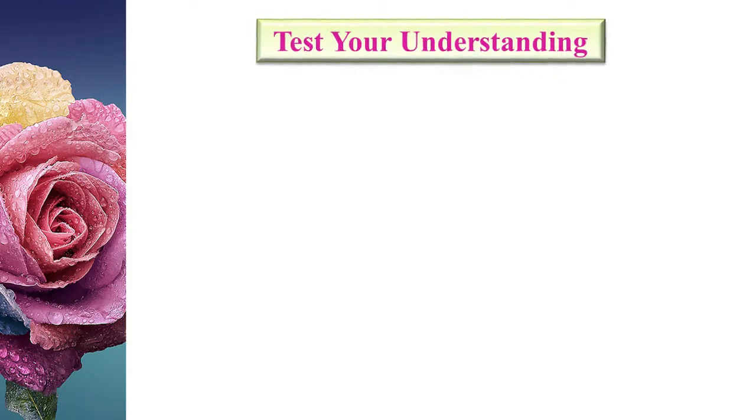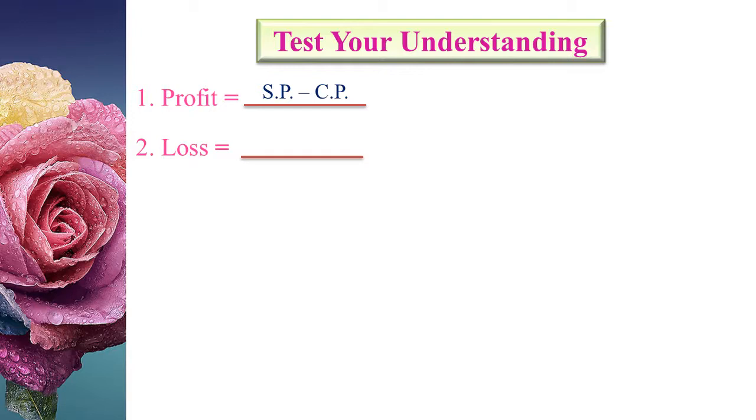Children, it is your time to test your understanding. First question, profit is equal to dash. What's the answer? Yes, very good. Selling price minus cost price. Second question, loss is equal to dash. Yes, good. Cost price minus selling price.